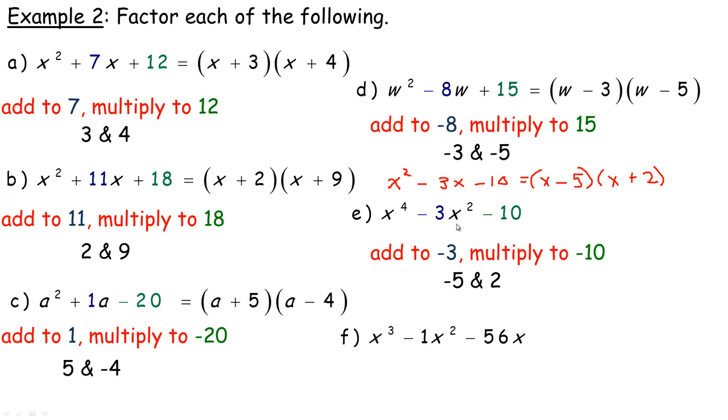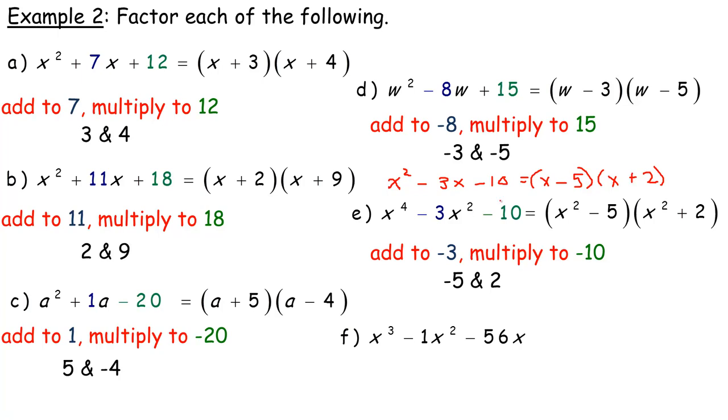So now, the only thing that's different here is I have a 4 here and a 2 here instead of a 2 and a 1. So you see the product at the beginning has to multiply to x to the fourth, not x squared. So each of the binomials has to start with an x squared instead. X squared times x squared is x to the fourth. And you see this is an x squared term in the middle here.